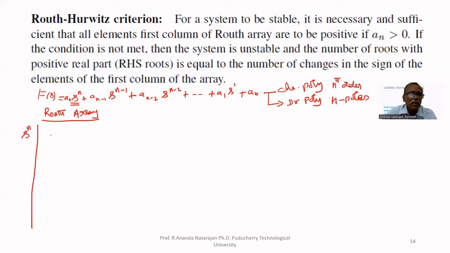For the highest degree, we write s power n, s power n minus 1, s power n minus 2, s power n minus 3, etc., down to s power 1, s power 0. For s power n we write a n here. Next coefficient a n minus 1, the next coefficient a n minus 2, a n minus 3, etc., up to a naught.